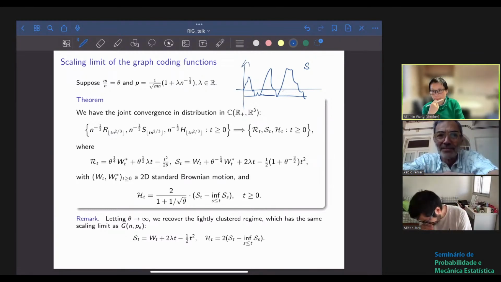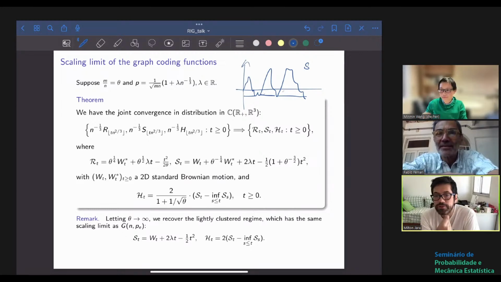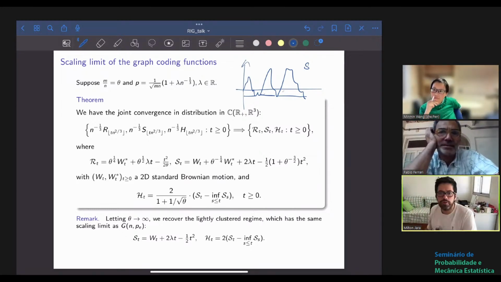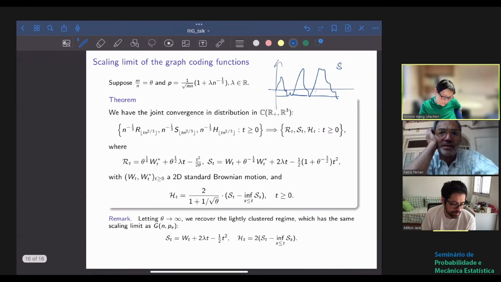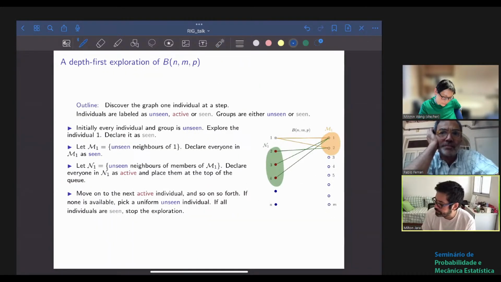Okay. Thank you. Is there any other question or comment? Yeah, I have a question now. You know that the depth-first search algorithm can be used to compute the extinction time in the SIS model, right?